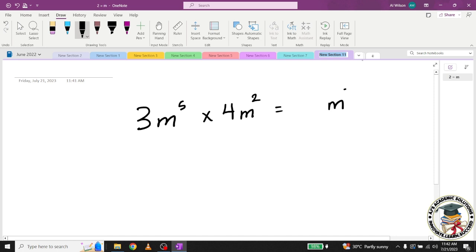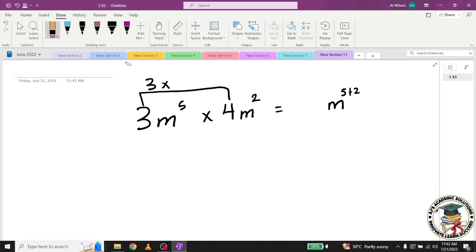Our powers, 5 and 2, will be added. And then we have 3 and 4 being our coefficients. The operation is multiplication. We're going to have 3 times 4, which is 12. So we have 12m to the 5 plus 2, which is 12m to the 7th power.